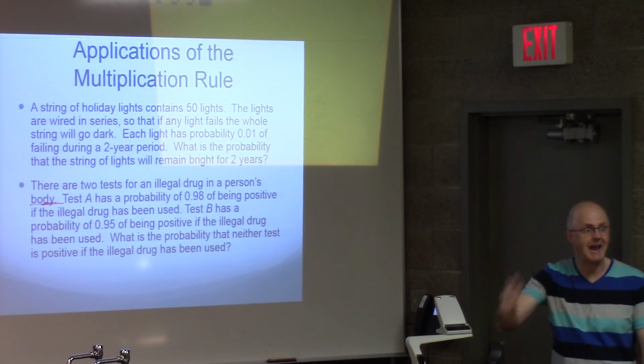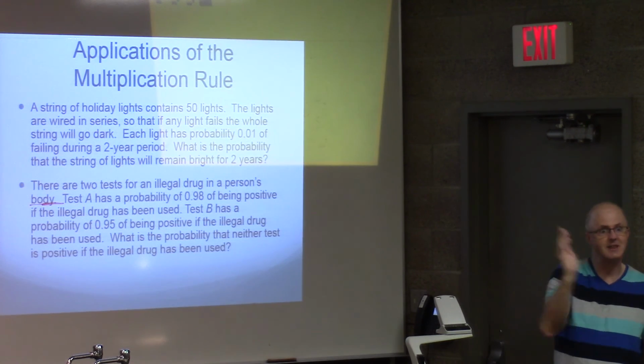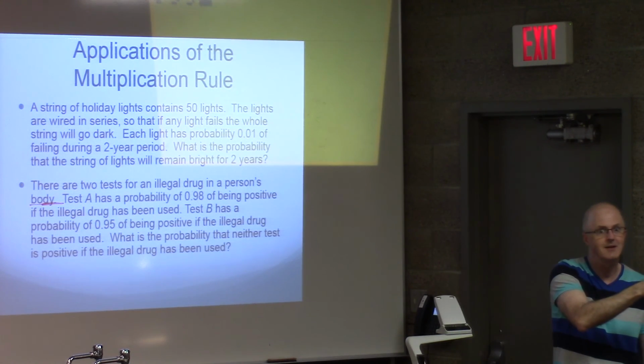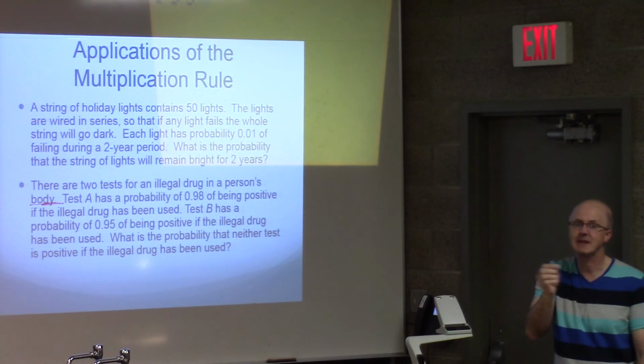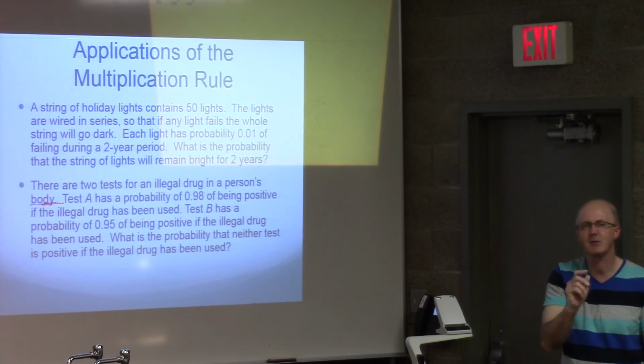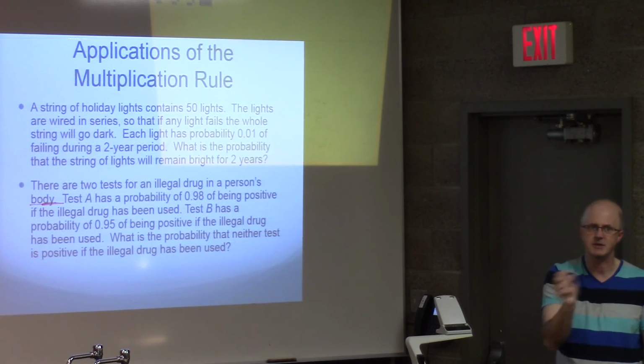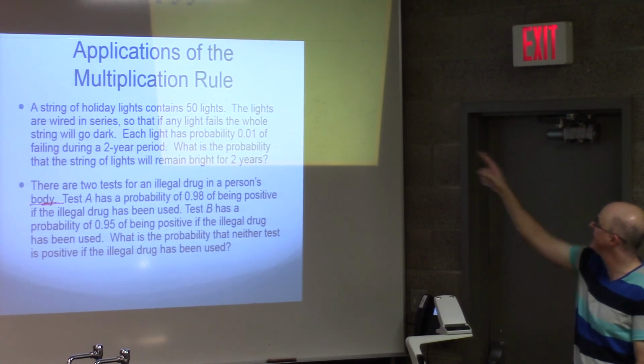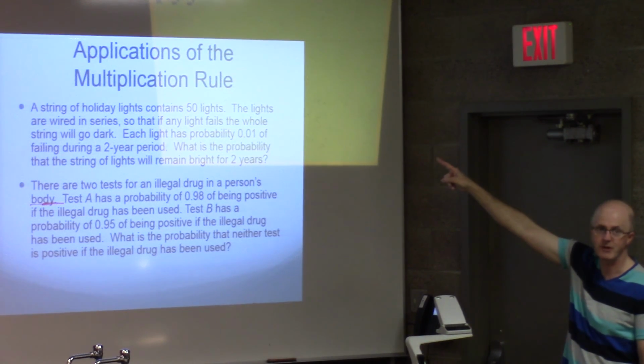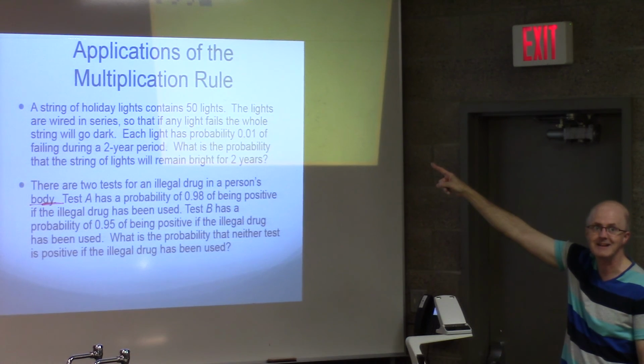The first one works, and the second one works, and the third one works, and the fourth one works, etc. If you make the assumption that failing or not failing are independent, which is a little bit dubious of an assumption, that they're unrelated to each other, you can find the probability that they all do not fail by multiplying the individual probabilities that they don't fail, which are all 0.99.